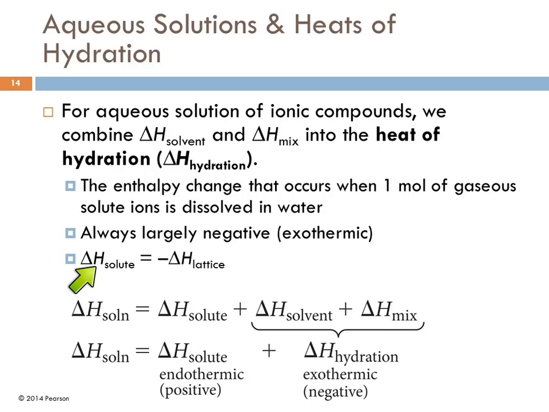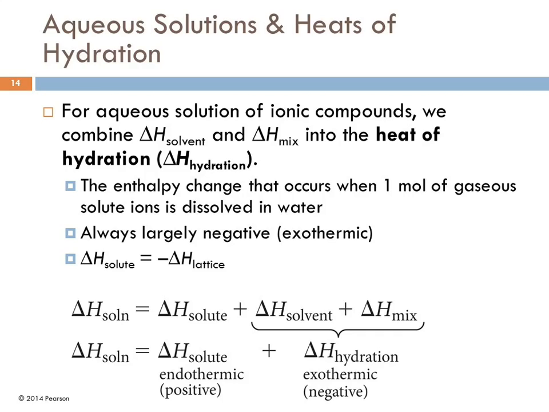So the energy required to separate the solute molecules is going to be the negative of the lattice energy. Remember when we talked about lattice energy? Lattice energy was when you took ions in the gas state and put them together and it released energy, right?